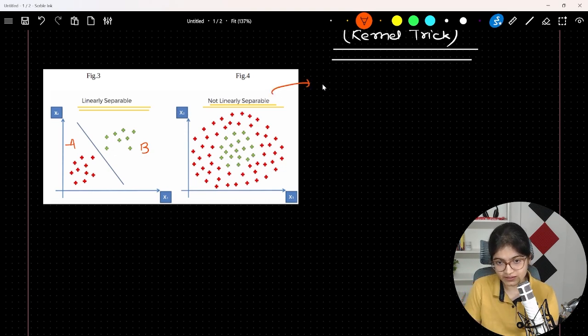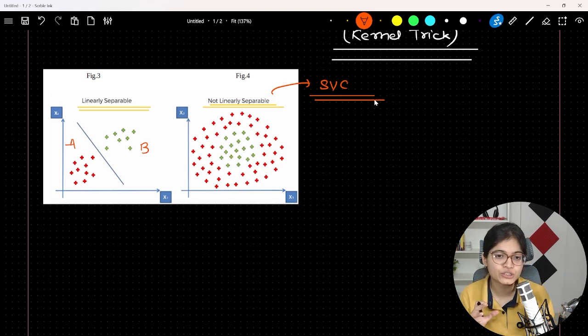This SVC, this support vector classifier, will also be able to classify the data points in this category. So now I think everyone is comfortable with the interpretation behind linearly separable and non-linearly separable data. You can try to visualize that so that it is clear to everyone.